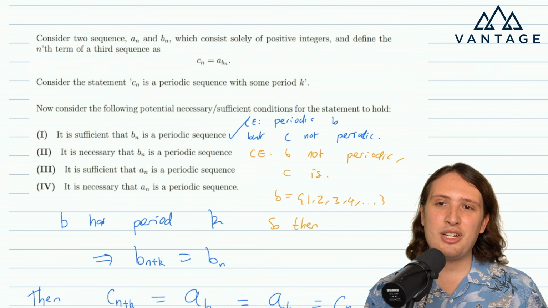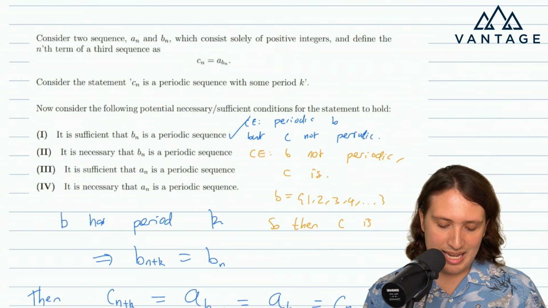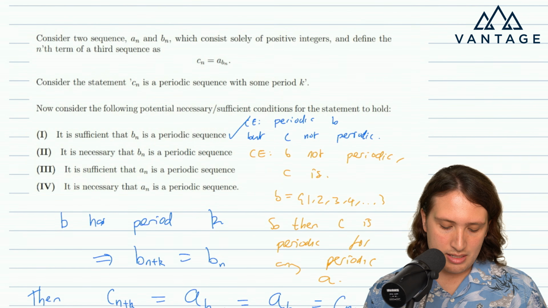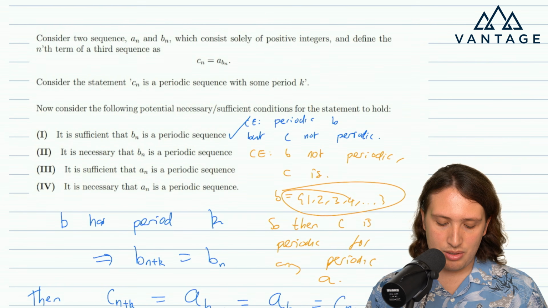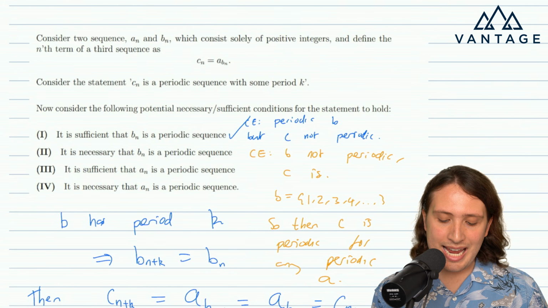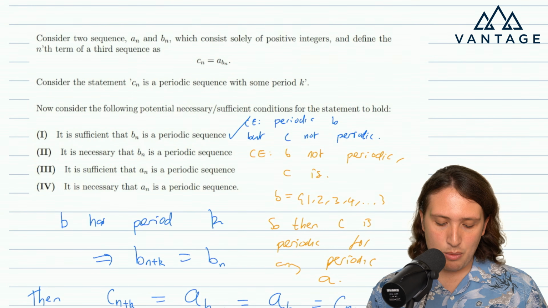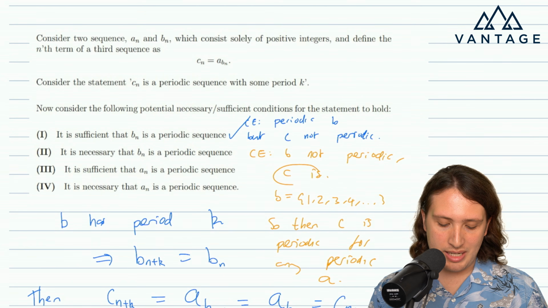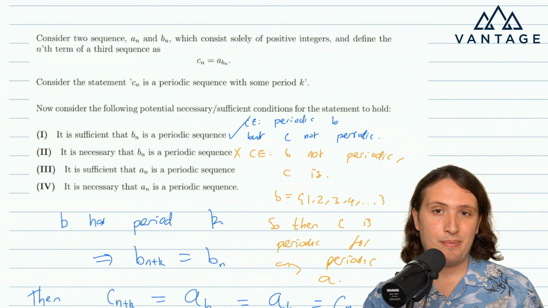So if I choose B in that way, C is going to be periodic, actually for any periodic A. So here's a counterexample. If I choose this as my B, that's not periodic. As long as A is periodic, then C will be. So I can clearly see it's possible to have B not periodic, but C periodic. So this cannot be necessary.